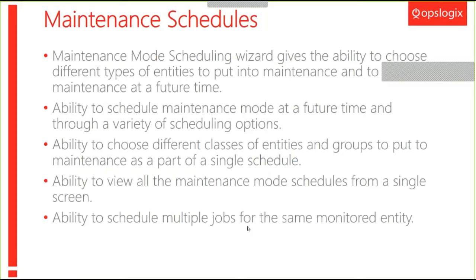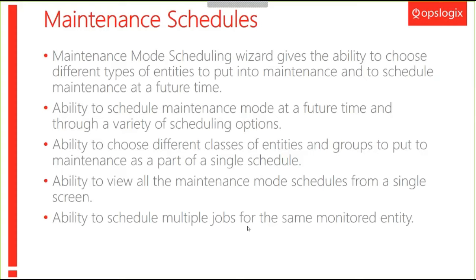Now, there's also, finally, you could say, the ability to schedule maintenance mode. Everybody knows there's third parties out there that do a great job, and you might have automated some stuff yourself through PowerShell, but there is now in the box a maintenance mode scheduling wizard, which allows you to put entities or groups of entities into maintenance mode at a future time.